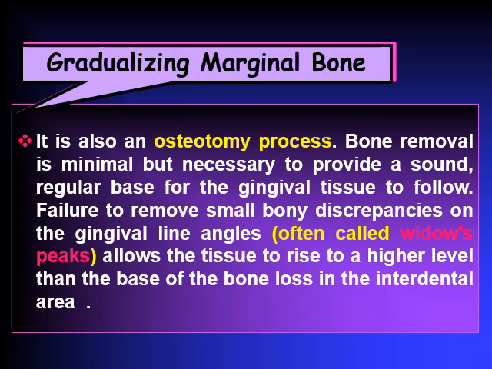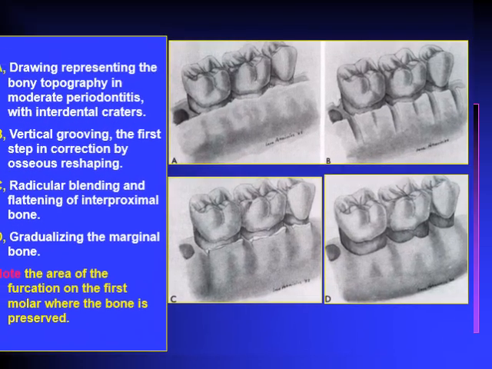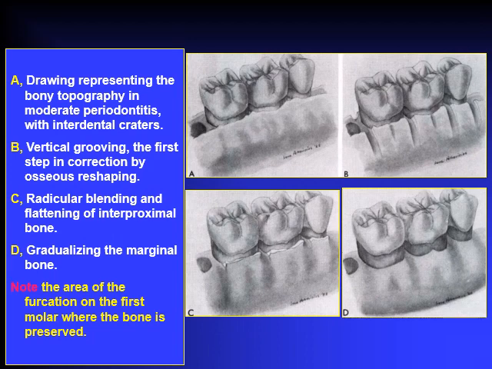Bone removal is minimal, but it is necessary to provide a sound regular base for the gingival tissue to follow. You know that the gingival tissue follows the underlying bone. So we can see this in this diagram here and the following one.